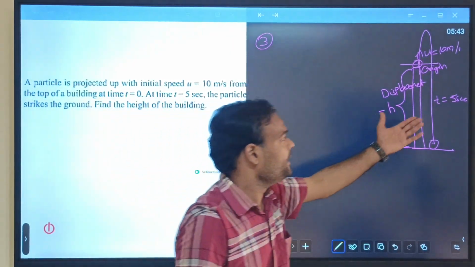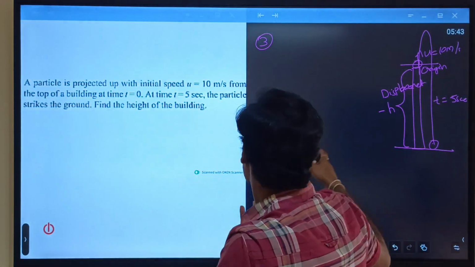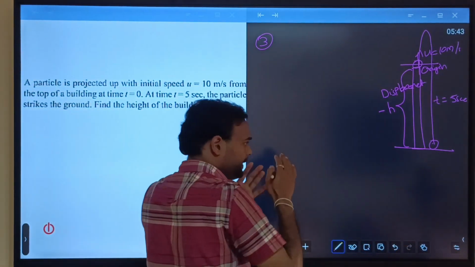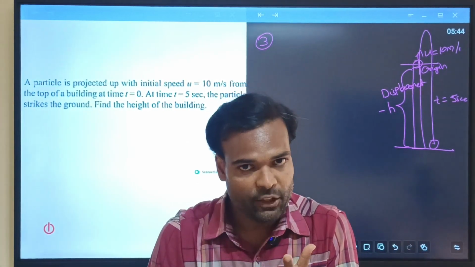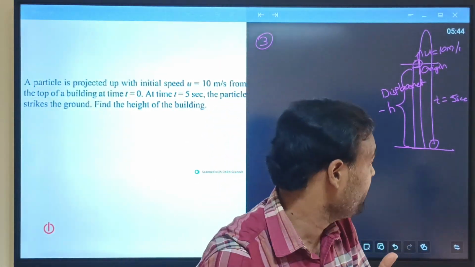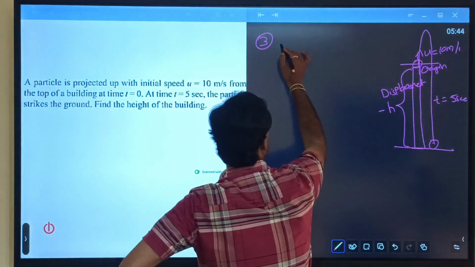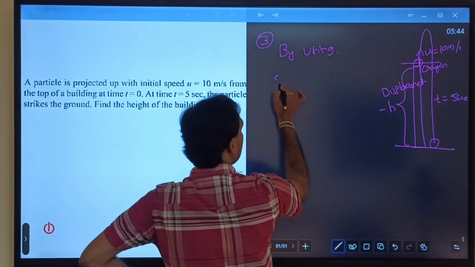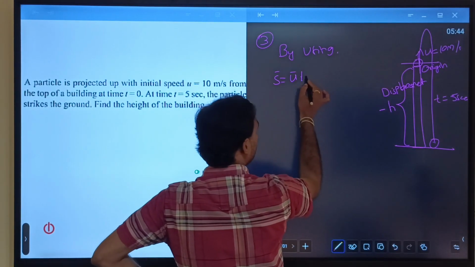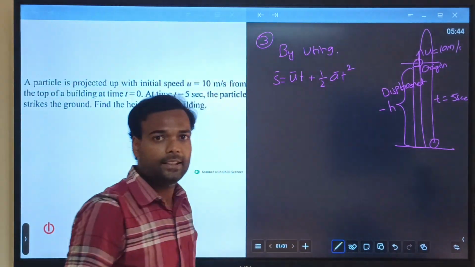Time taken is 5 seconds, and they are asking us to find the h value. There is a relation which connects displacement, initial velocity and time taken: s equals ut plus half at square, right?